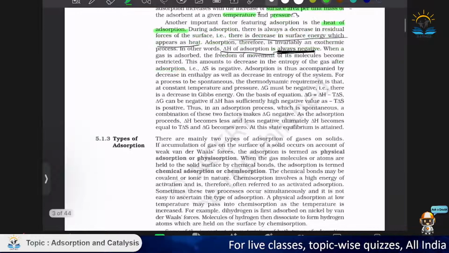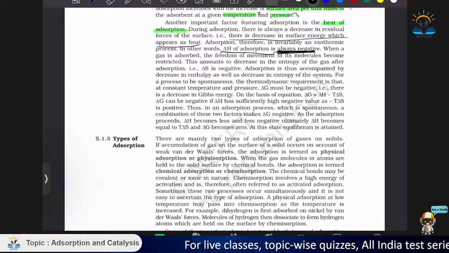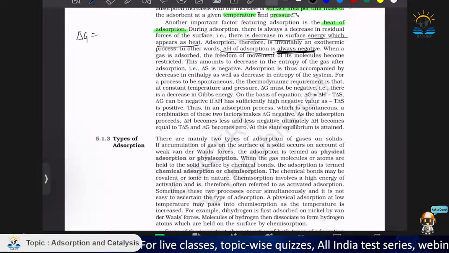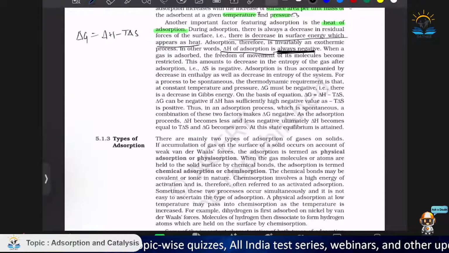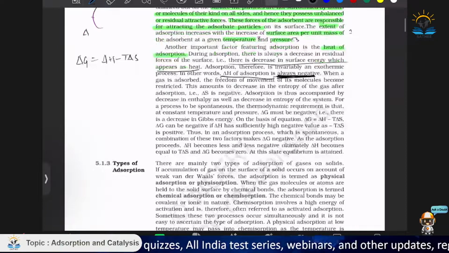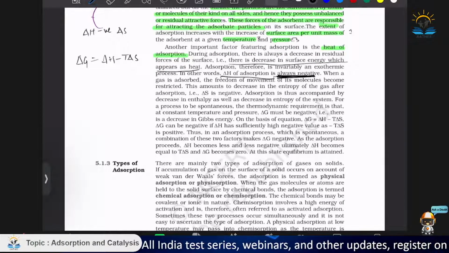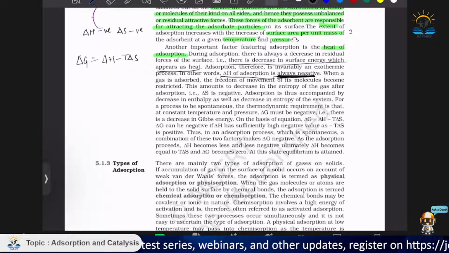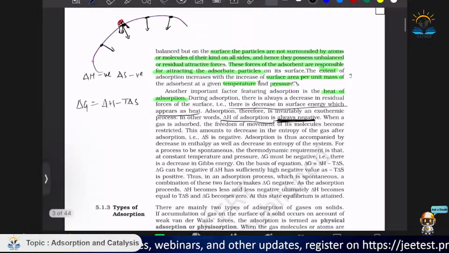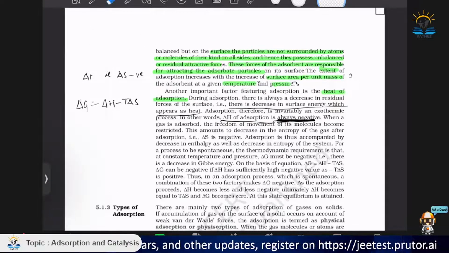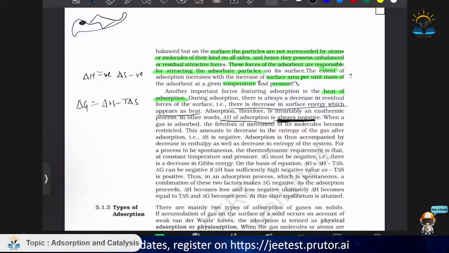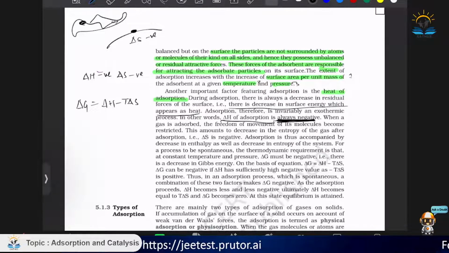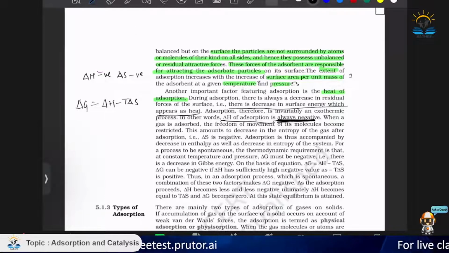Now there are two factors in the equation of free energy. Delta H is negative for all, and delta S will be what? Again negative, because entropy is decreasing. Some gas molecule was roaming here and there, it had randomness, but now it is stuck to a surface. So delta S is negative. Got it? Entropy has decreased.